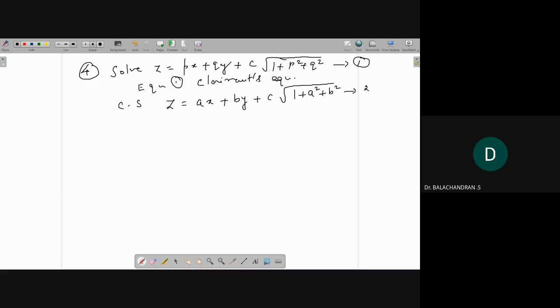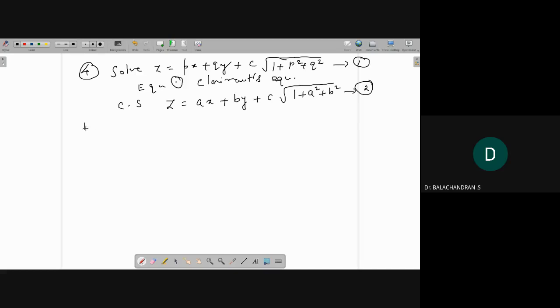We call this equation 2. So as usual, you should differentiate equation 2 partially with respect to a and partially with respect to b, and find the values of a and b in terms of x and y. You should substitute those values of a and b in equation 2. You will get the singular solution.